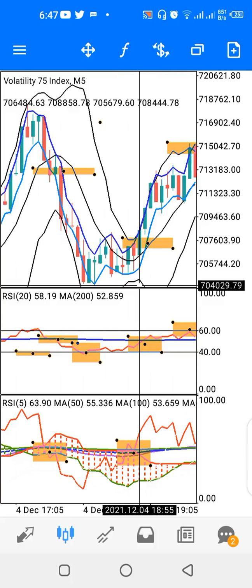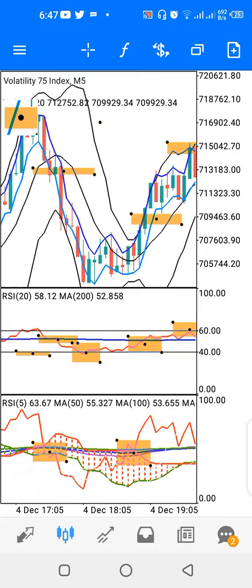Then you take profits when you see a sell signal, or you trail by shifting your stop loss as price moves up. So that's that for the strategy.